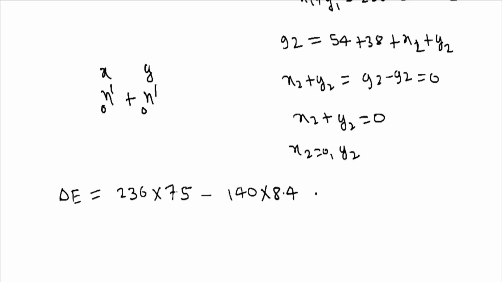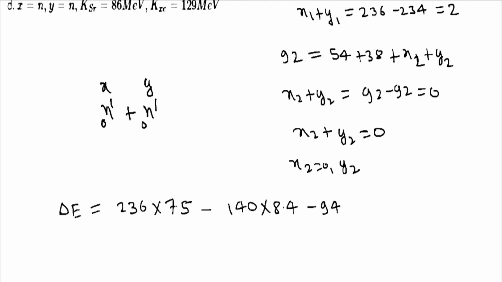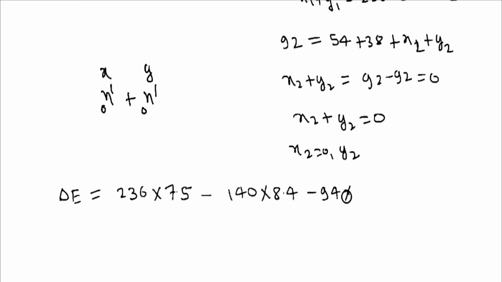Minus 94 times 8.5 MeV for Sr, and minus the binding energy of the 2 neutrons, which is given as 2 MeV each, so 2 and 2 is 4 MeV.